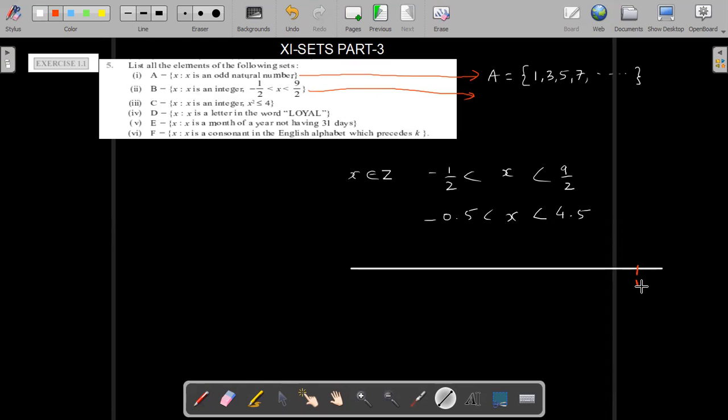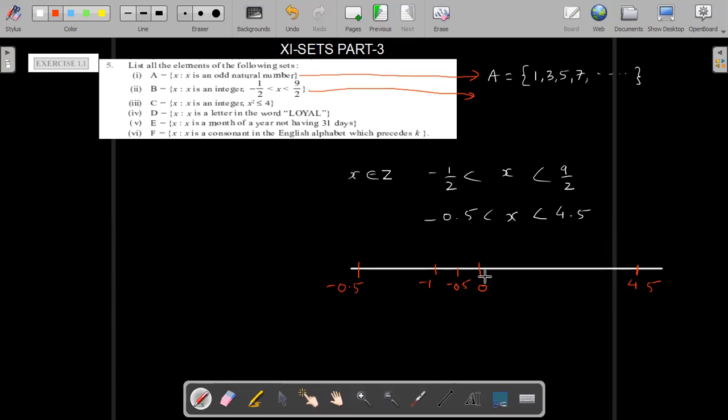Suppose 4.5 is here and minus 0.5 is here. So somewhere we get 0. Here we get minus 1, then minus 2. Before 0, here it will be minus 0.5.